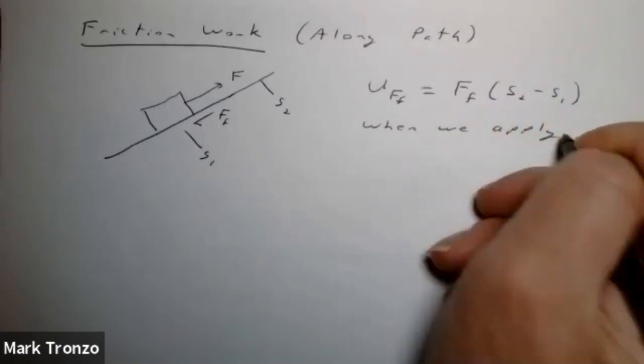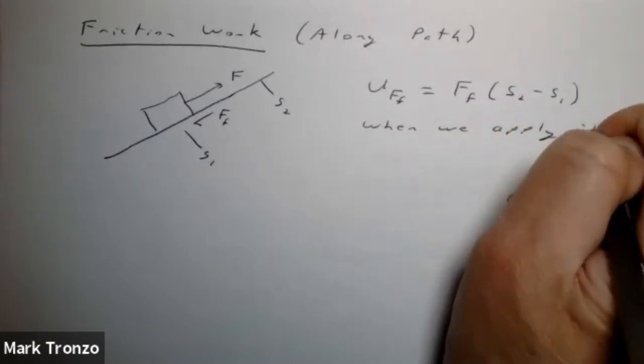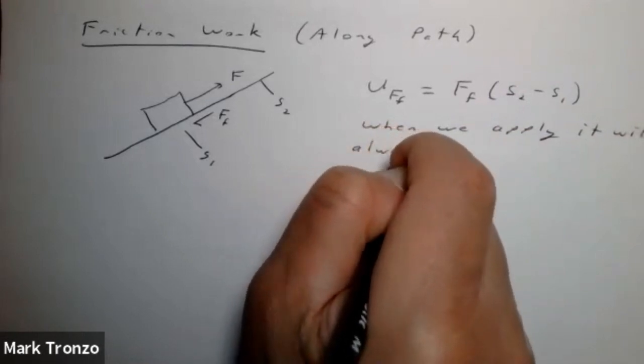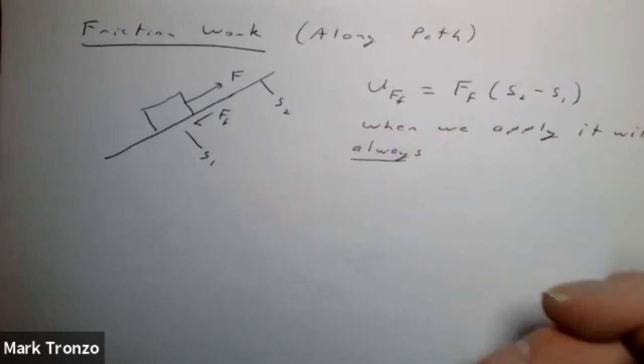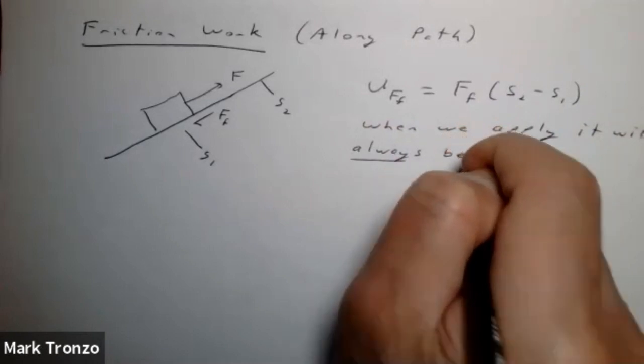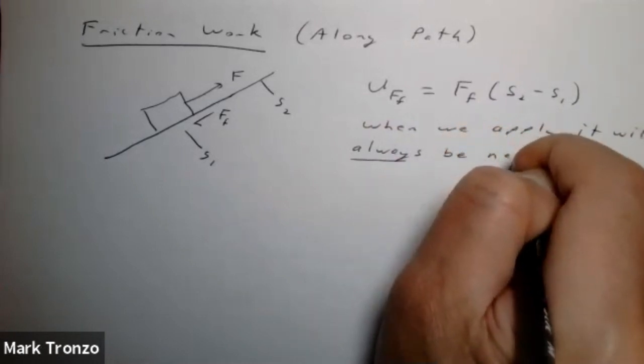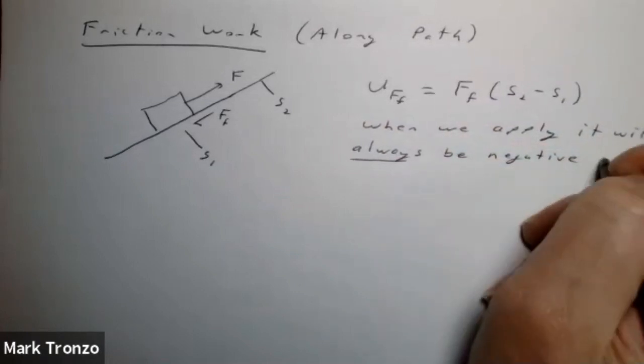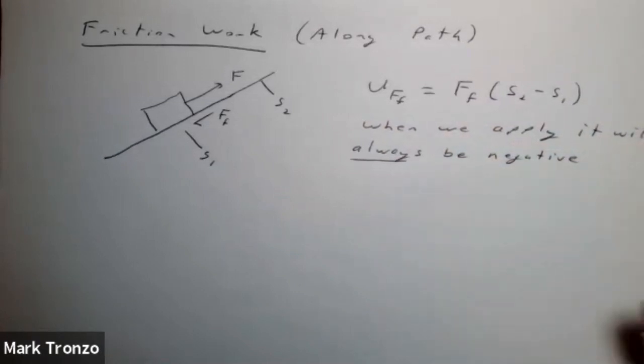You'll see in a few minutes when we apply it, it's always going to be negative. Maybe we'll find an exception, but I don't think so, because it's always in the opposite direction of the motion.